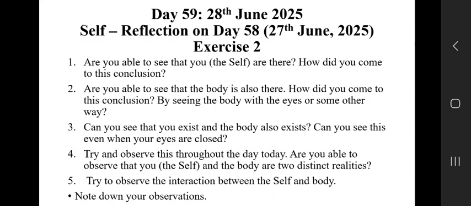So some processes are happening in the body, something is happening in the self. Right? What happened to the car? It is an object, a material object, right? Some damage happened to the car. Now, who interpreted this as a problem?